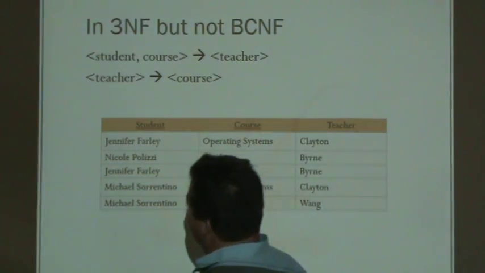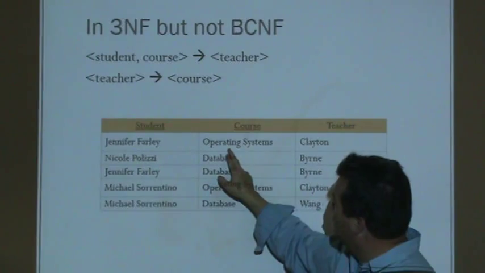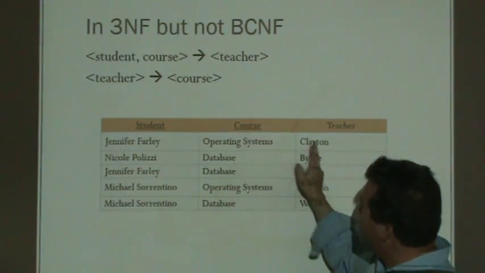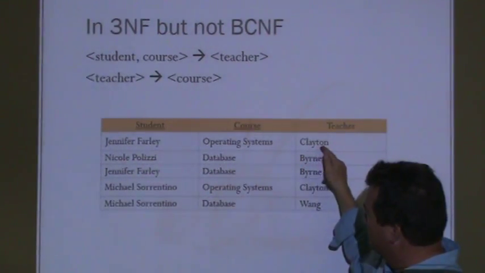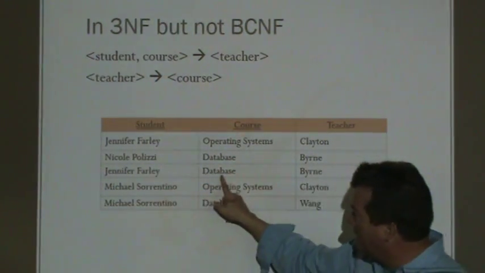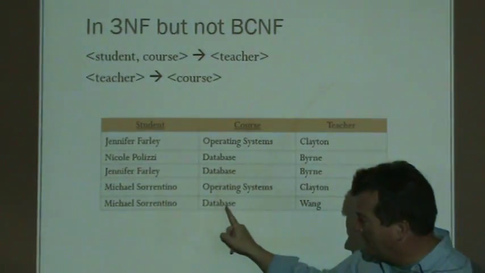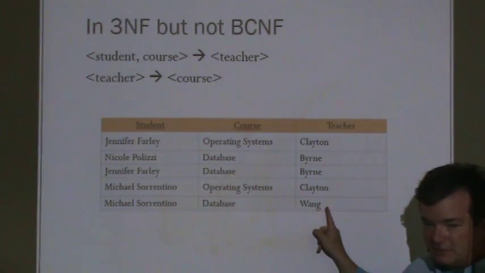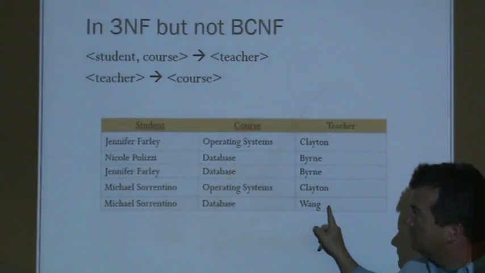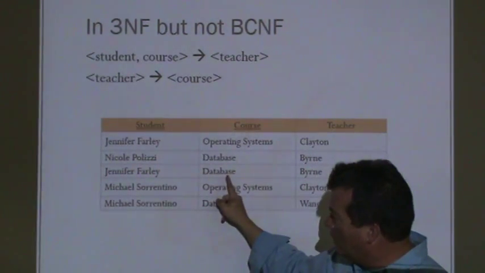So, in this case, the combination of student and course could tell you who the teacher is. See now, for example, this student taking database has one teacher, but this student taking the same course has a different teacher. So you need to know the student and the course.